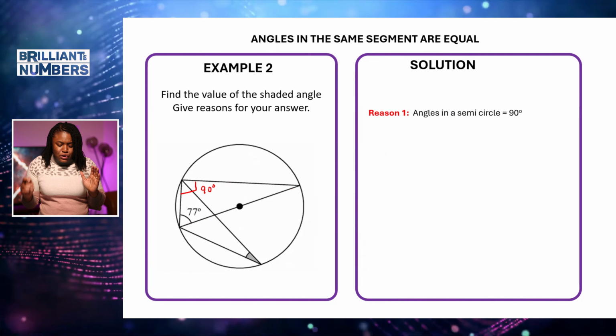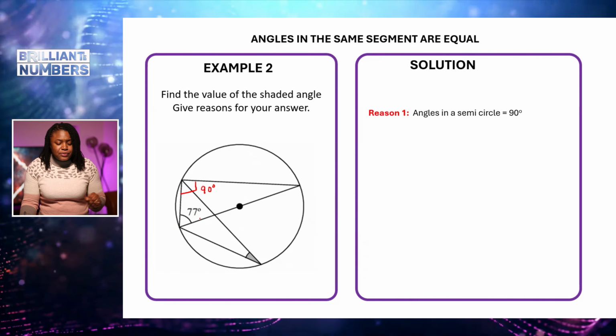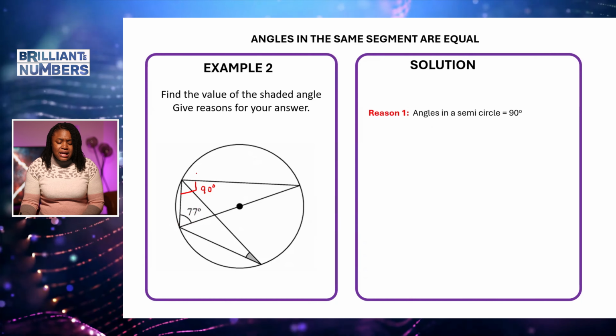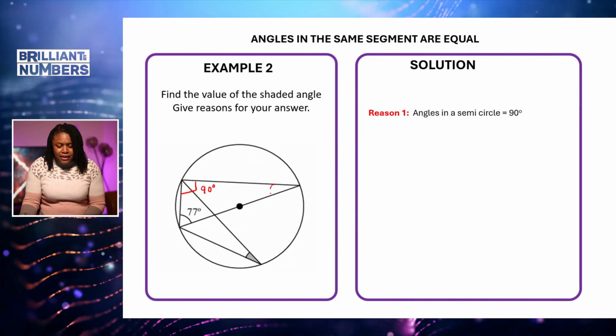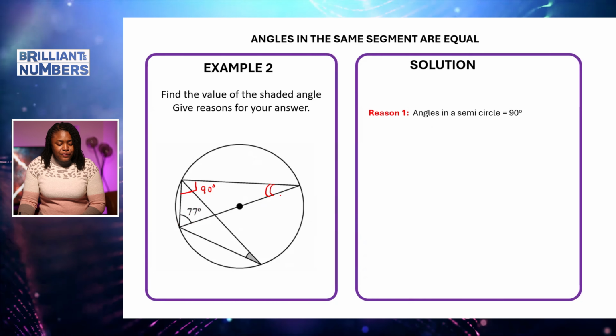Now, focusing on just the triangle here, I know 77 degrees and I also know 90. That means I can find the angle here, which is the breakthrough I'm looking for.